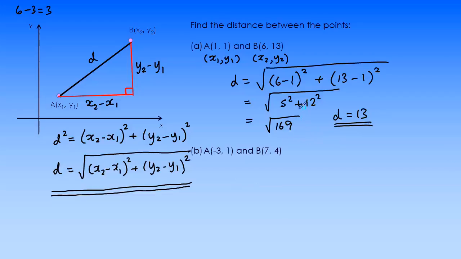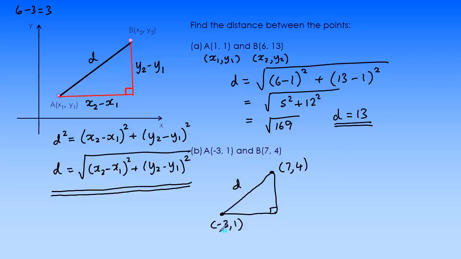Now, as we've seen, it's easy enough to use this formula, but the way I would normally do this is to draw a quick sketch. So if we say -3, 1, and 7, 4, and we want the distance between them, I form a right-angled triangle, just like this.